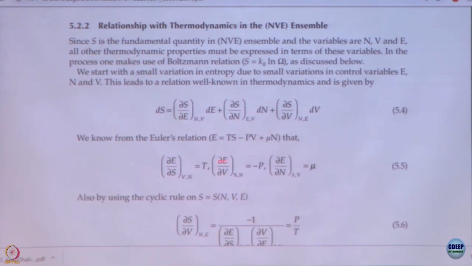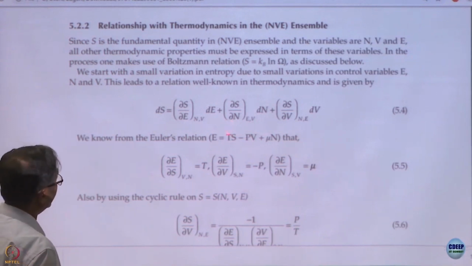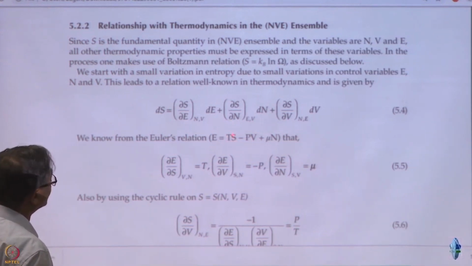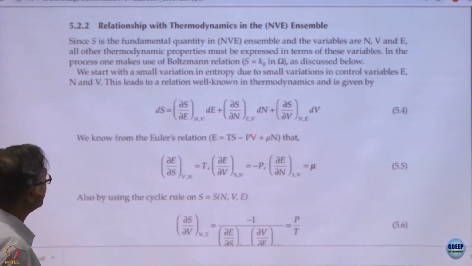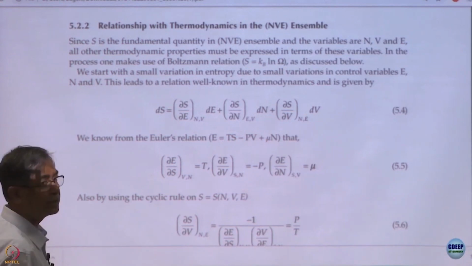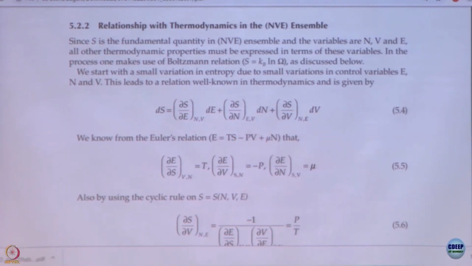So essentially, according to Euler, there were certain combinations, and a very interesting one: temperature is the conjugate of entropy, or entropy is the conjugate of temperature, pressure is the conjugate of volume, right, and the chemical potential is the conjugate of number. You know it in many different forms.